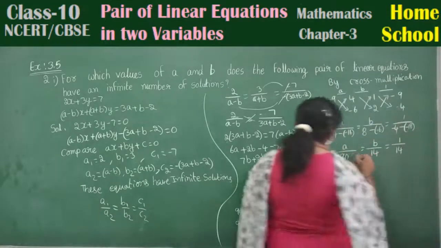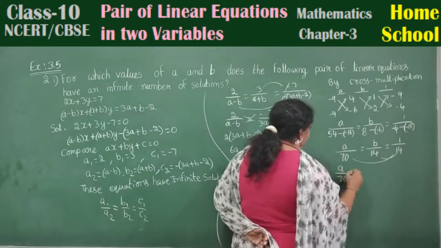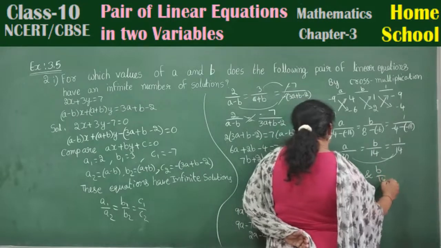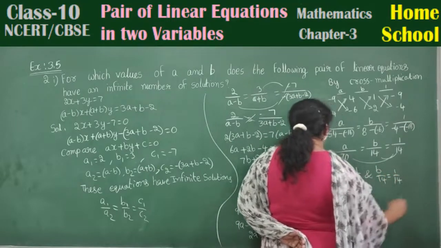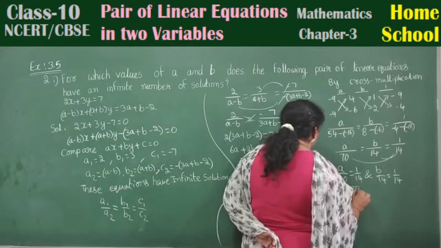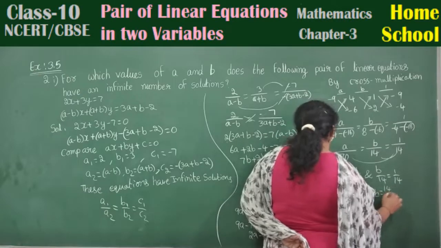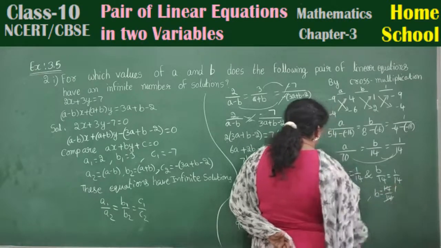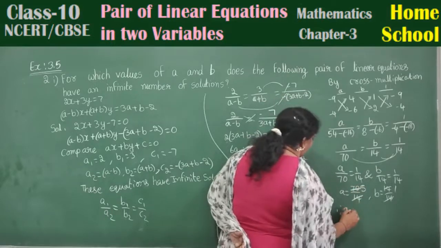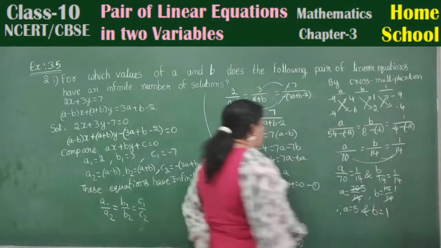Now again equate these two: a by 70 is equal to 1 by 14 and b by 14 is equal to 1 by 14. A is equal to 70 by 14 and b is equal to 14 by 14. 14 ones are 14, 14 fives are 70. Therefore, a is equal to 5 and b is equal to 1.